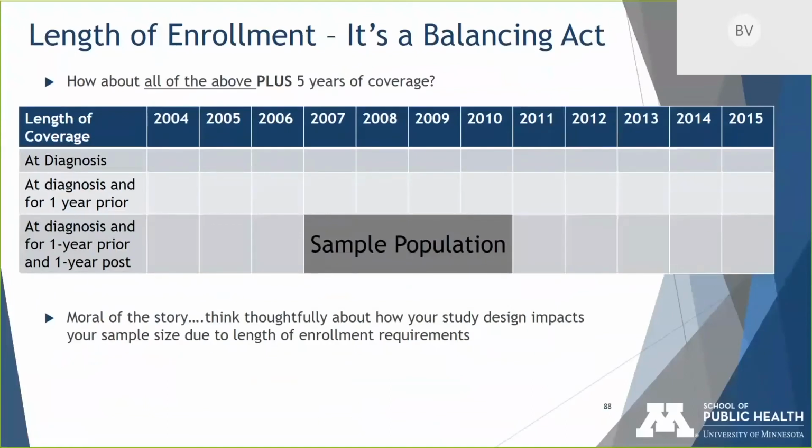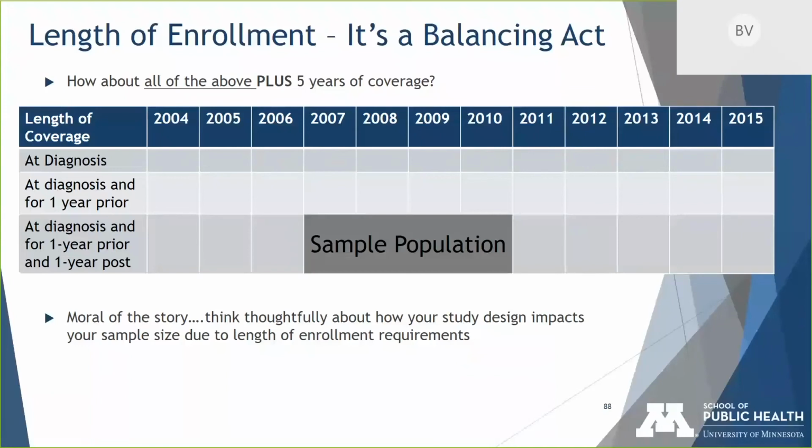And then as an extreme example, how about all of the above plus 5 years of coverage? Well, now you've really limited your sample population to about 4 years of cases if you want them to have Part D at diagnosis, for a year prior, for a year post, and then if you want them to have 5 years of coverage after diagnosis, then those cases at the end of 2010 need to have coverage in 11, 12, 13, 14, and 15, which is as far as your enrollment data goes.